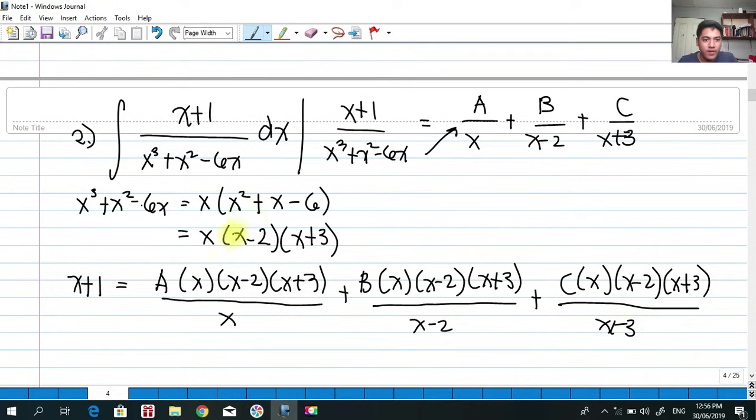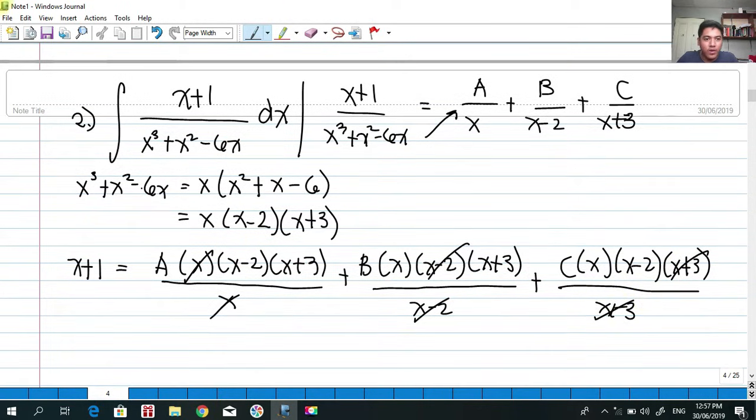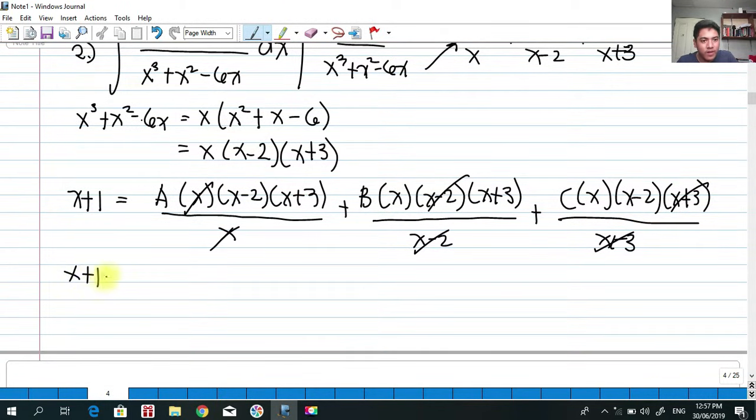I'm writing it all so that you can understand. As you can see here, this will cancel out. Very simple, so that you are left with x plus 1 equal to this.